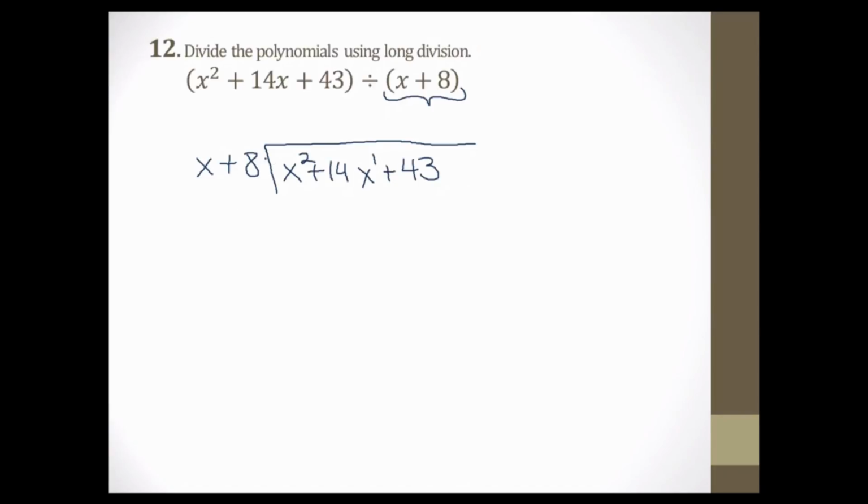Starting off by looking at this first term, we're going to ask ourselves, how many times does this first x go into x squared? So by what do we have to multiply to get x squared? We would have to multiply by another x, because then x times x would give us x squared. But we also have to multiply it by the 8, so x times 8 would just be 8x.